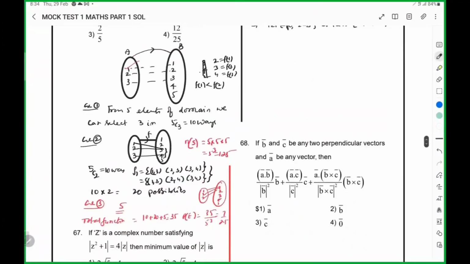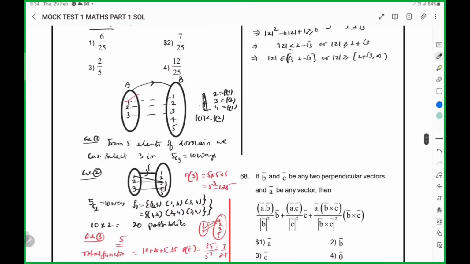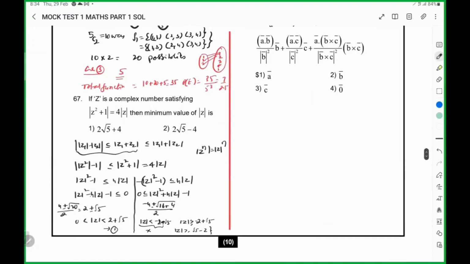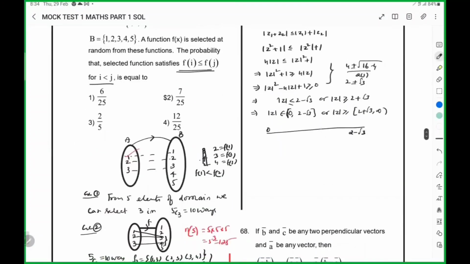And here, since we want a minimum, there are 2 minus root 3. Another condition is that it is greater than root 5 minus 2. So the common part, the minimum, implies mod z minimum is root 5 minus 2.